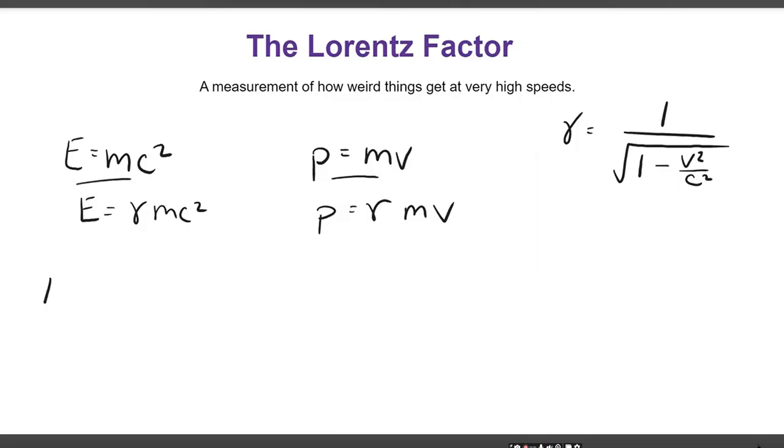So the length to an observer is equal to the length of the object divided by the Lorentz factor. And the time for the observer that's stationary is equal to the Lorentz factor times the time that the object is experiencing. So let's take a look at what happens at normal everyday speeds.